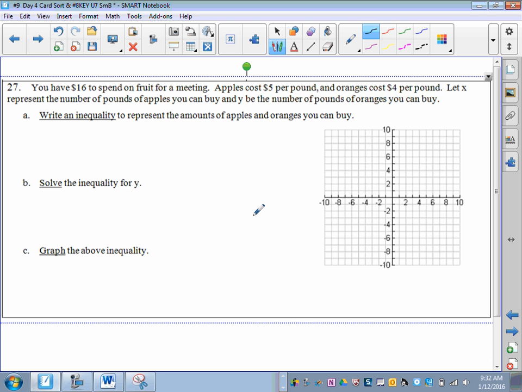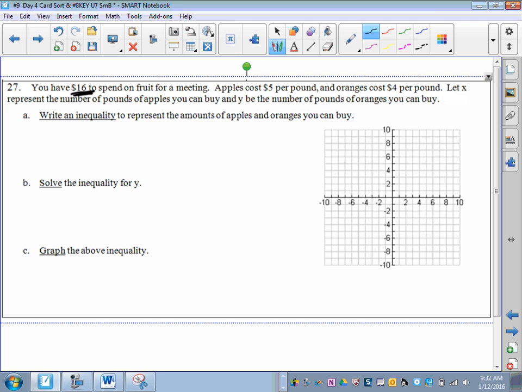All right, number 27. It says you have $16 to spend on fruit for a meeting. Apples cost $5 a pound, and oranges cost $4 per pound. Let X represent the number of pounds of apples you can buy, and Y be the number of pounds of oranges. I love it when they tell us what variables to use. So a total of $16 to spend.